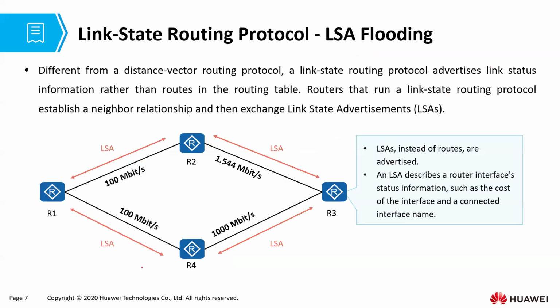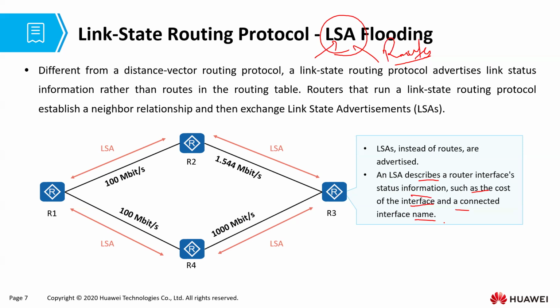On the other hand, link state routing protocols flood LSAs. You could see here there were routes being flooded. But with this one, we have what we call link state advertisements. A link state advertisement basically describes a router's interface status information, such as the cost of the interface and a connected interface name. So that is what is being shared, not the routes. It shares the cost, most importantly, the cost.